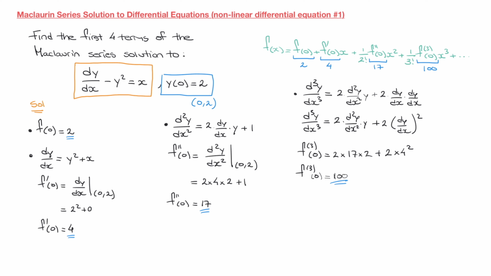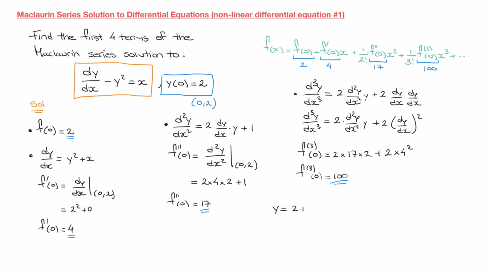Okay, all that's left to do now is copy the Maclaurin series we have at the top here, replacing each of the values of f and its derivatives by the values we've found, to then simplify things as much as possible. So instead of saying f of x, I'll go ahead and write y. So that's y equals f of 0, which is 2, plus f dash of 0, which is 4 times x. So let me already write that.